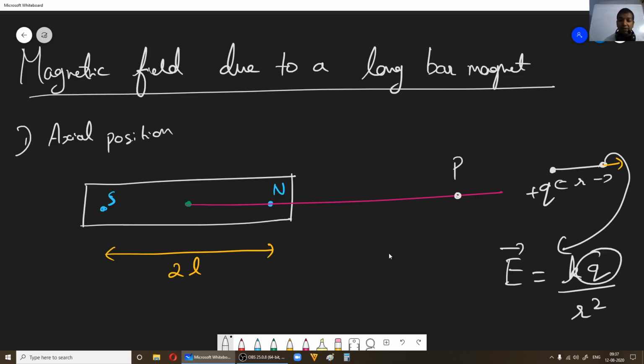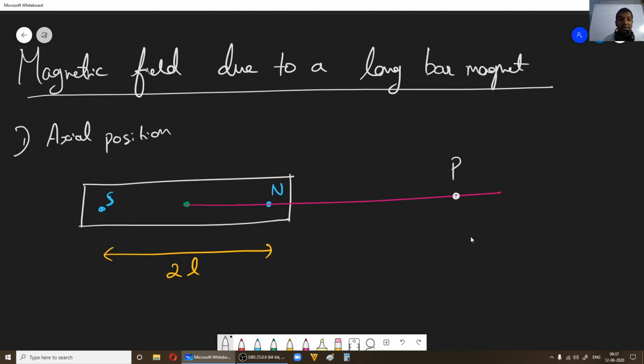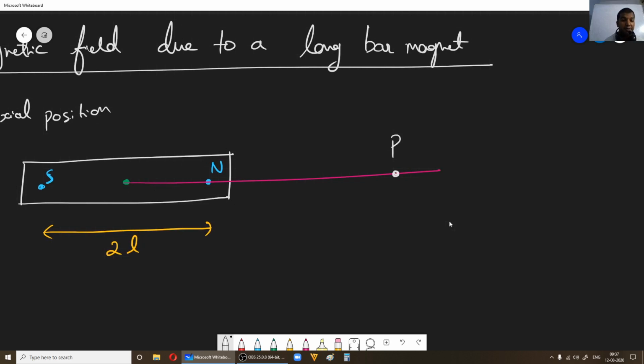Now going by the same analogy here, we can say this point P is at a distance r from the center of the bar magnet. You can consider this center as O. So this is r.